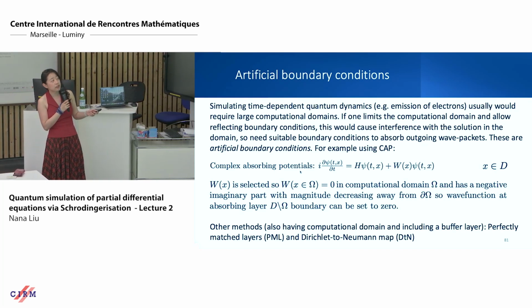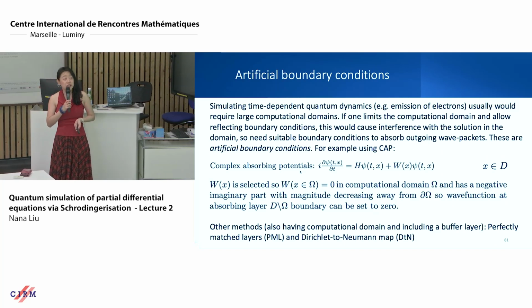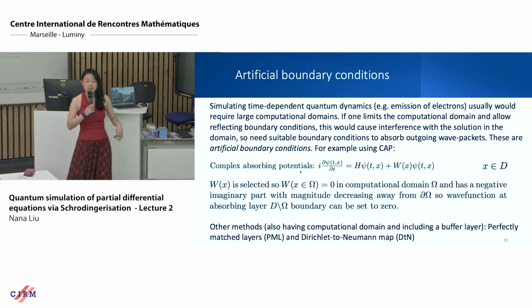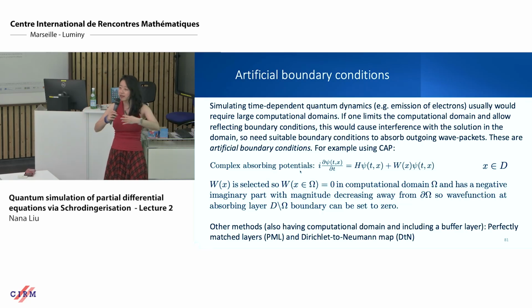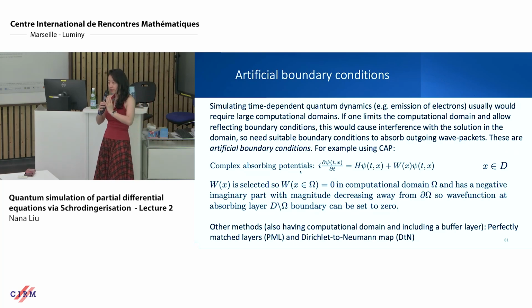So as an example, how do we deal with artificial boundary conditions? Say you want to simulate Schrodinger's equation, but we don't have infinite space on our computer. So we do have to put finite boundaries in. But the problem is that Schrodinger's equation is about waves, and waves reflect.